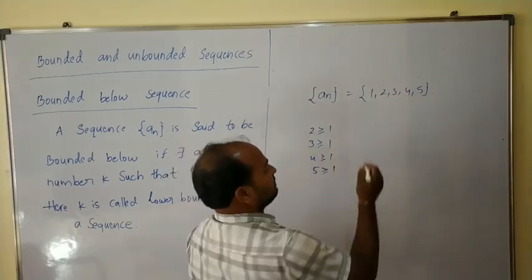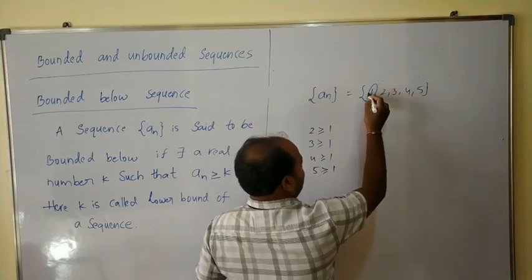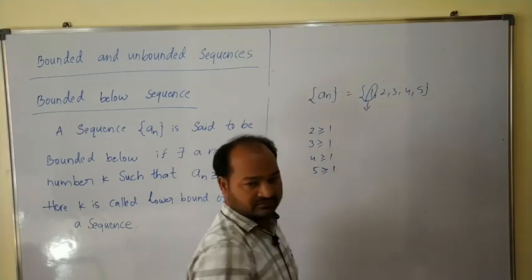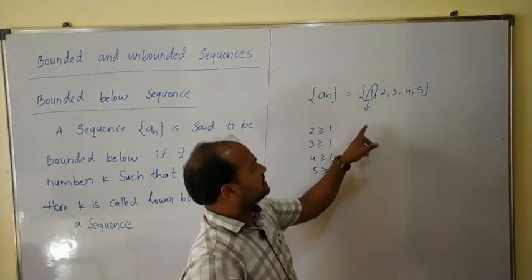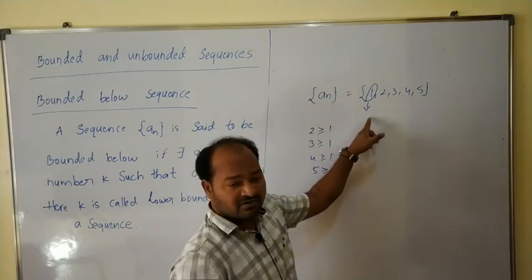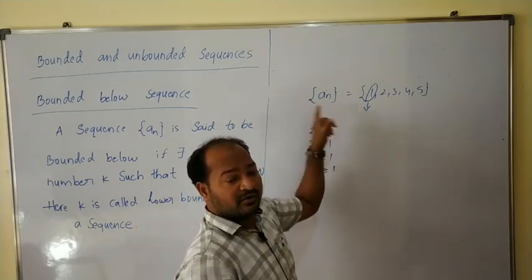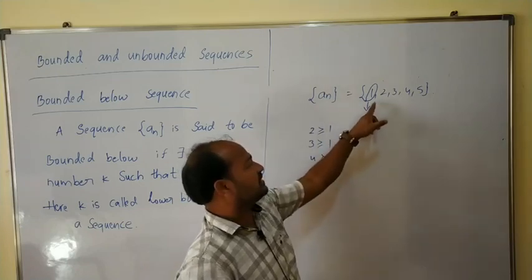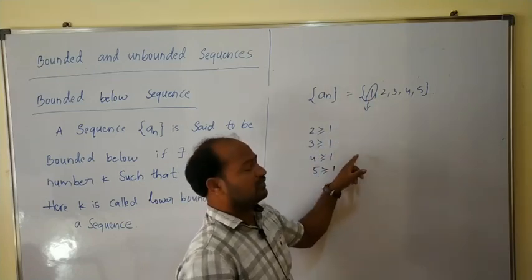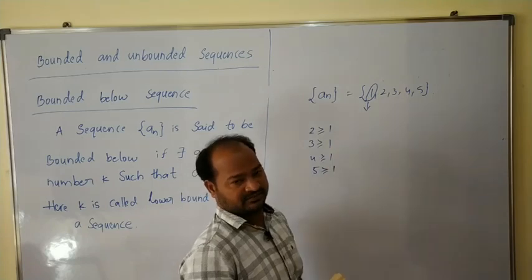That means every term is greater than or equal to 1. So we can say that this sequence is called a bounded below sequence, and that number, 1, is called the lower bound of the sequence.